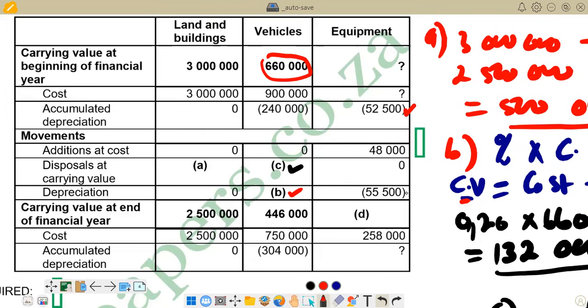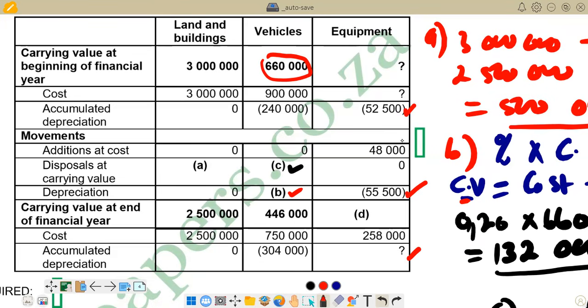We add the depreciation for the year, then we get the closing balance of accumulated depreciation that we are going to put here. So if we say 52,500 plus 55,500, let's try to calculate that one to see what we get. We are saying 52,500.